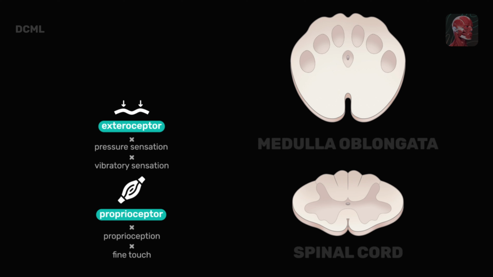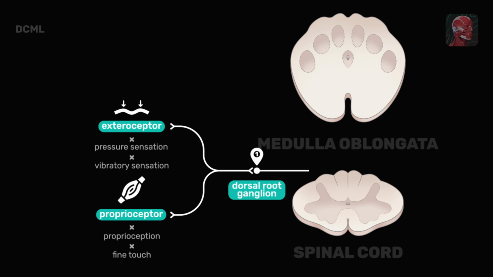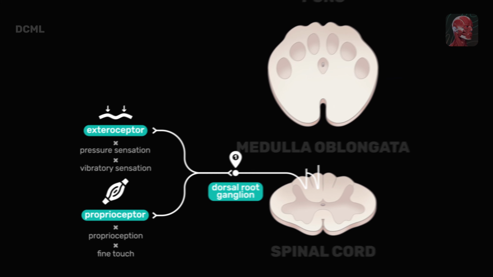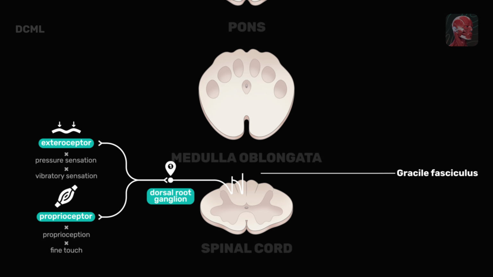3 neurons are involved in the dorsal column medial lemniscus pathway. Fibers from the receptors are directed to the spinal ganglion, where the first-order neuron of this pathway is located. Then the fibers enter into the spinal cord via the dorsal root, into the posterior funiculus, where they form 2 large bundles, the gracile fasciculus and the cuneate fasciculus.